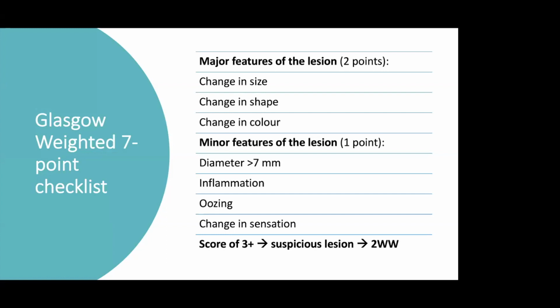So key things which would score 2 points would be changes in the size, shape, and colour of the lesion. And then minor features which would score 1 point is a large diameter of the lesion over 7 millimeters, whether there's any evidence of inflammation, oozing, or changes in sensation.